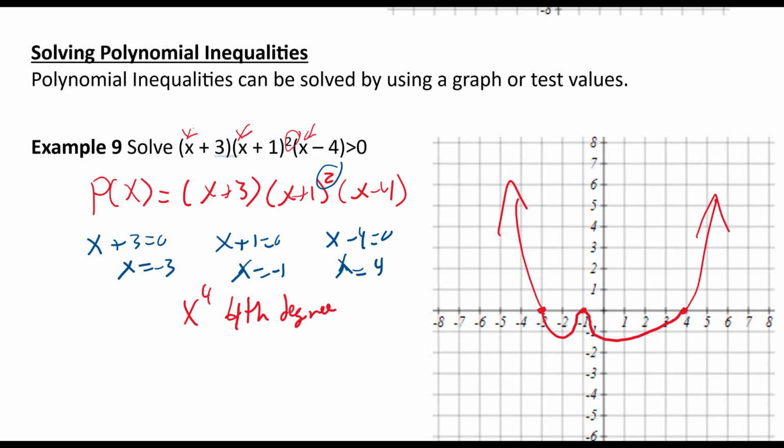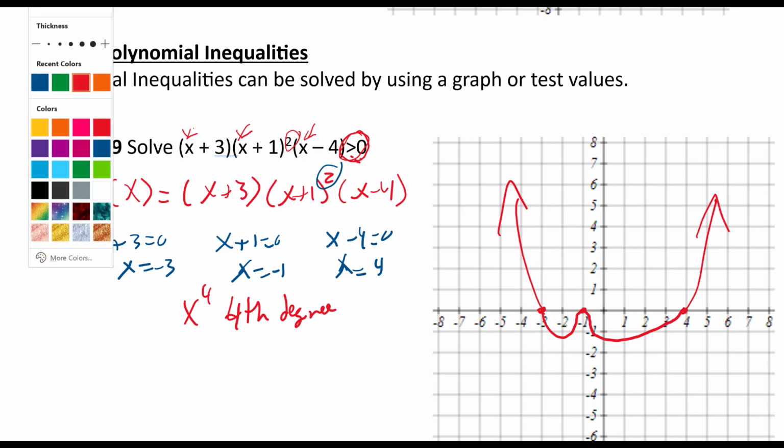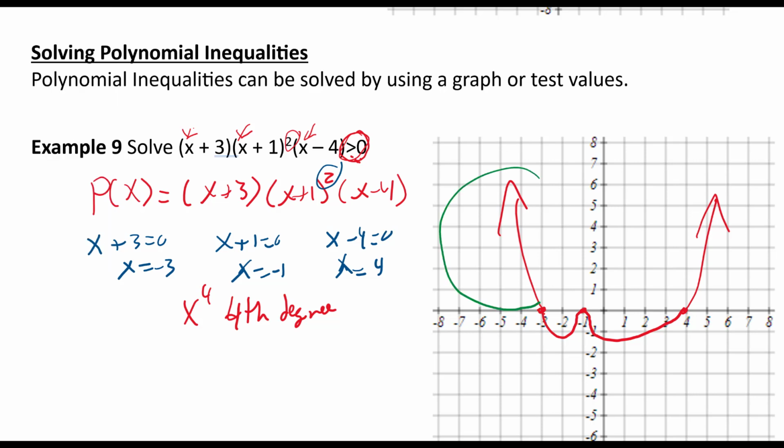So what we're looking at now is places that satisfy this inequality. The inequality wants to know when it's bigger than 0. Being bigger than 0 means being above the x-axis. So these intervals that we're talking about, let me go to another color. How about green? It looks like this interval here and this interval here are places that it is above the x-axis.